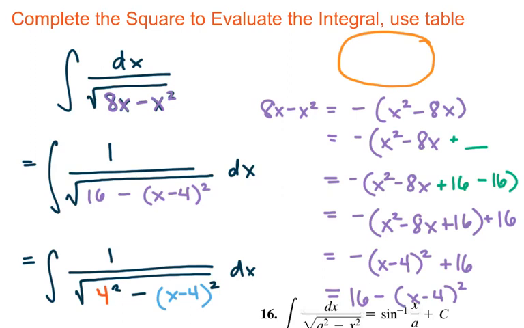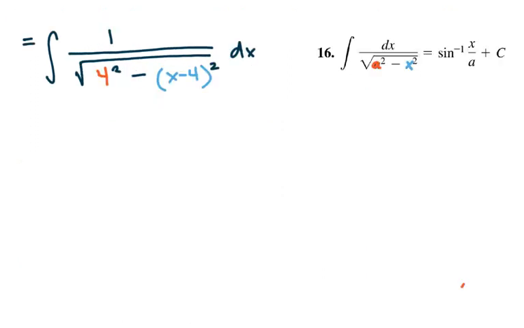I'm going to clean this page up a little bit. At this point, examining what I had rearranged, I did some careful manipulation to make it look in this manner. I should be able to see how it aligns with the information from the table of integrals. And what we can see is now this is very easy to integrate.